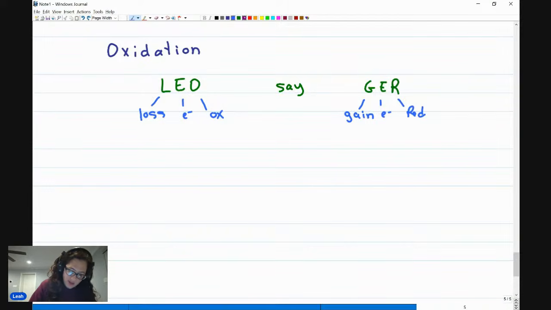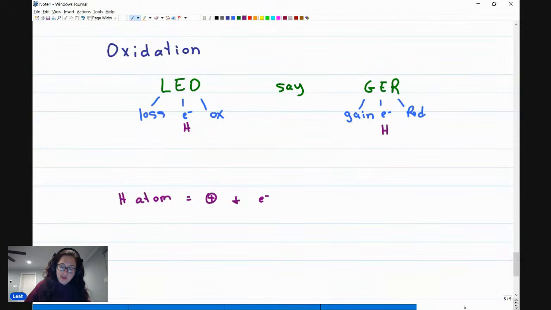I want you to take a step back and remember that a hydrogen atom is really just made of one proton and one electron. A proton and electron together make a hydrogen atom. And so if we look at the definitions again, we can say that the loss of hydrogen is oxidation and the gain of hydrogen is reduction.